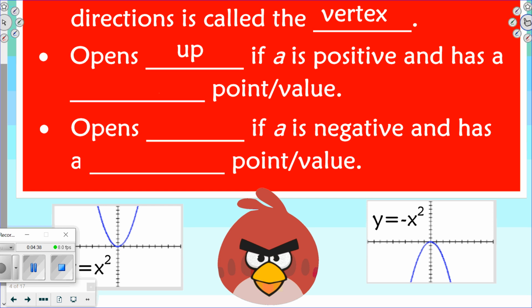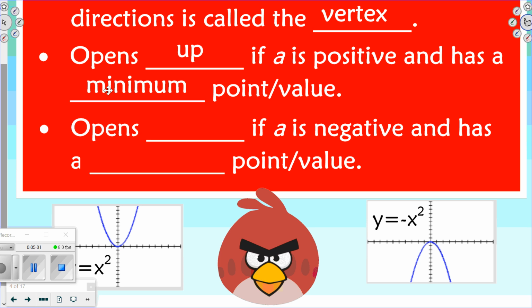What kind of vertex is that? Is that going to be the highest point on the graph or the lowest point on the graph? The lowest, meaning it's going to be its minimum point. It's kind of backwards when you think about it, right? Because if it's positive and it's opening up, you got to stop and think what that graph looks like. So that means the vertex is actually the lowest point, it's the minimum point.